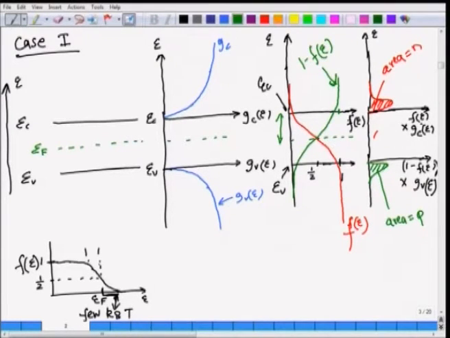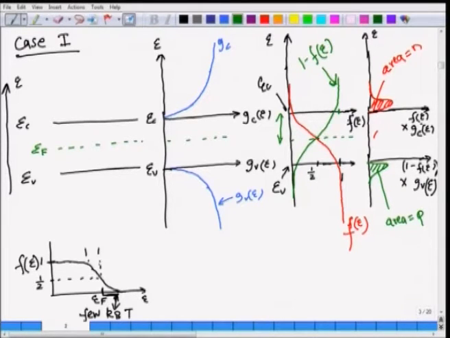Now, what is case 2? Case 2 now I am going to draw rather quickly. The way I have drawn it, when Fermi energy is in the middle, I have shown this red area and this green area to be approximately equal, N and P equal, and Fermi energy somewhere in the middle. You will see later when we do it quantitatively, this case will correspond to what is called an intrinsic semiconductor.